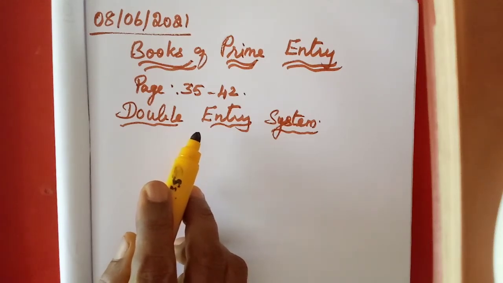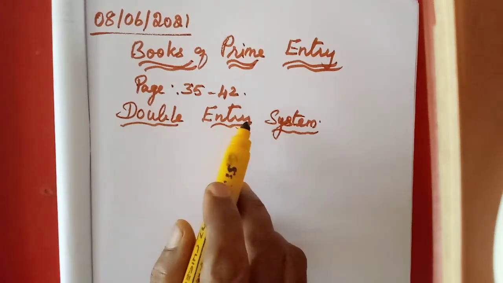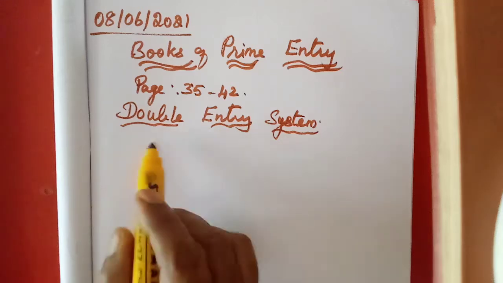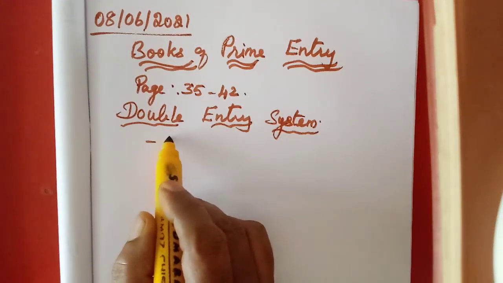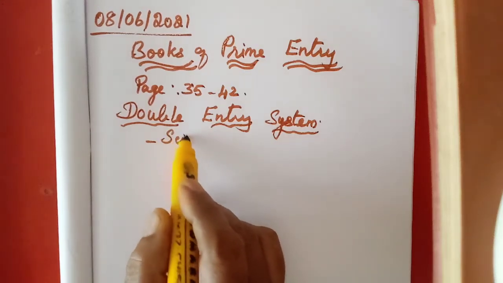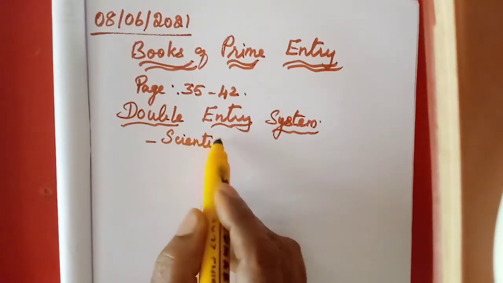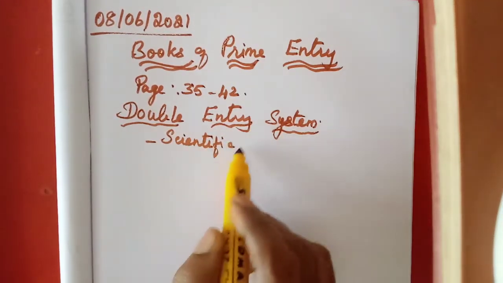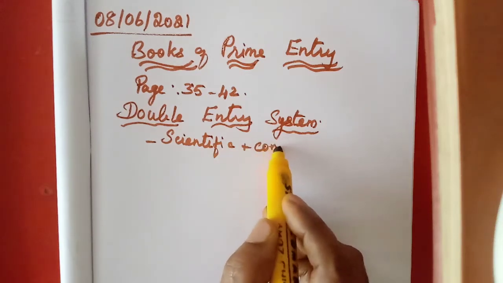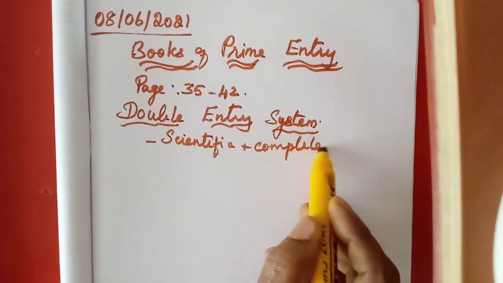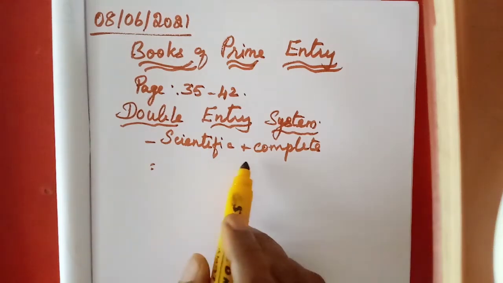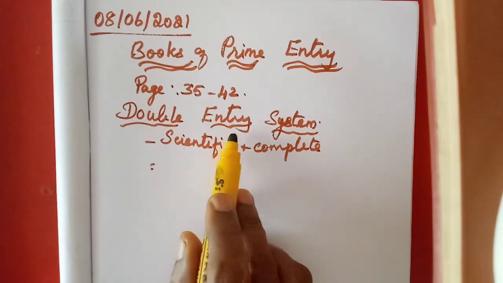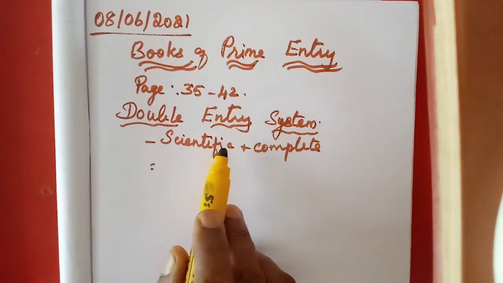What is the meaning of double entry system? It is a scientific and complete system, because here we believe that there are two aspects for each and every transaction.